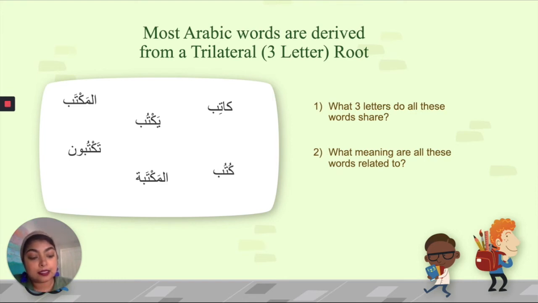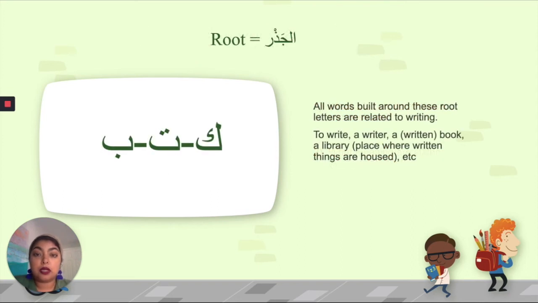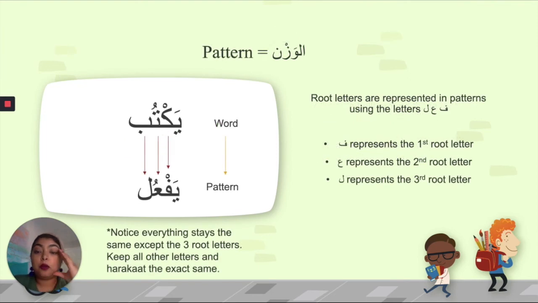That is the essence of roots and patterns. So we call the root al-jadhr, in this case kaf, ta, ba. And all of the words are built around the root letters that are related to writing. Now, al-wazn. That's what we call the pattern.